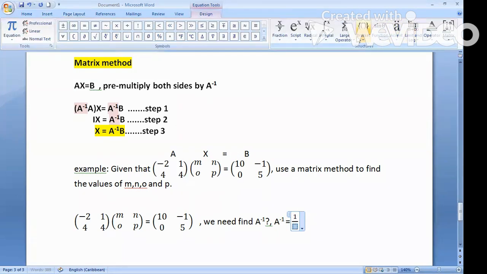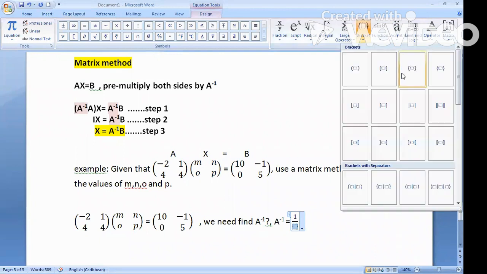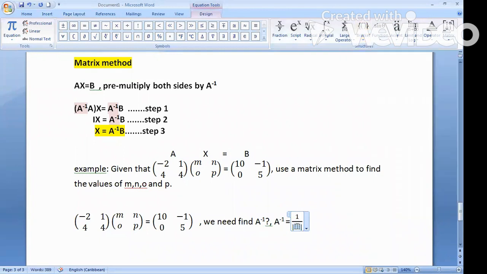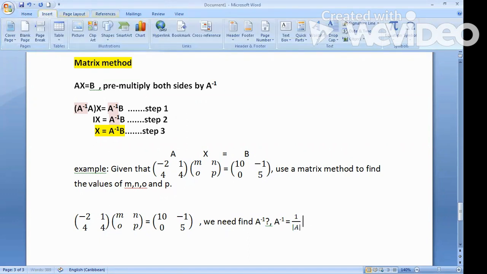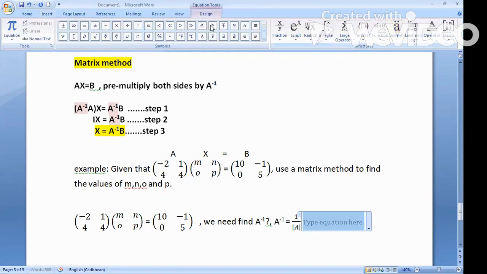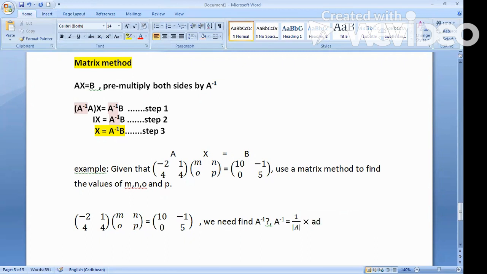There are two ways of writing it. Right, very good. Multiply by the adjoint. Remember that? Now another word for adjoint is transpose.